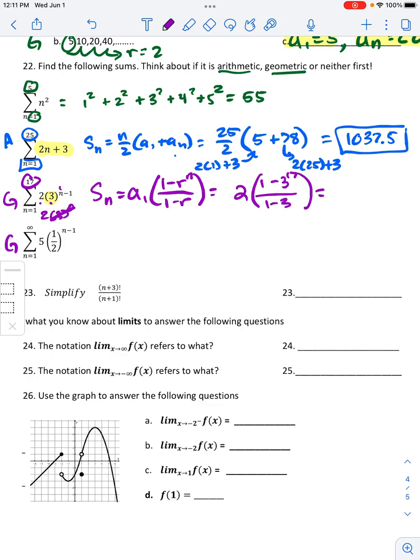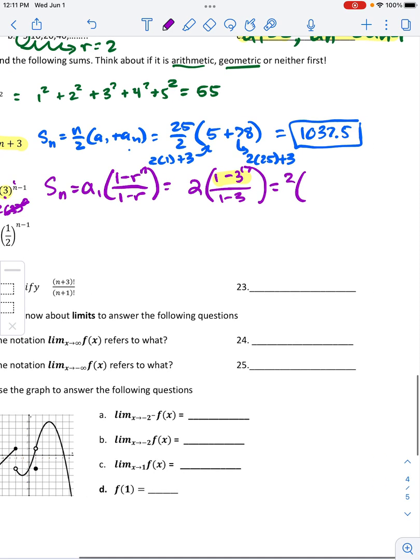You do have to be a little careful of this. I always do 1 minus 3 to the 17. I do that top part first on my calculator. And then I end up with like a really giant number. I have a 2 out front. I don't even know if I can fit this in. Oh, sure I can now. Over 2. These cancel.